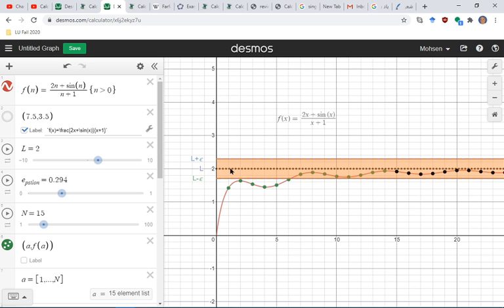The strip is centered around the limit we are claiming, L equal to 2. We go above and below it by the amount of epsilon I give you, and your task is to determine when the function enters that trap and stays inside of it forever.